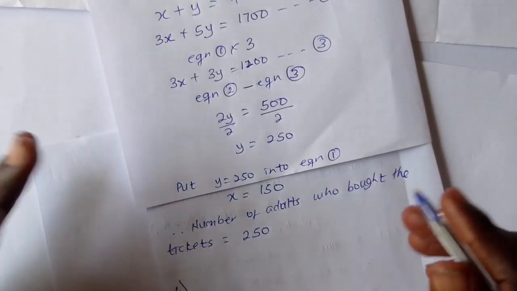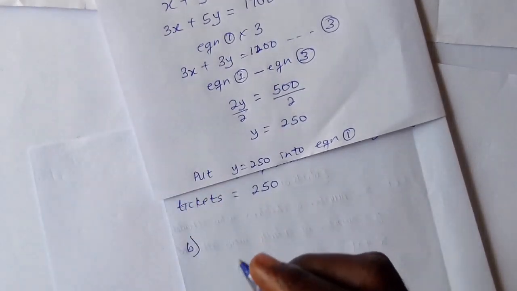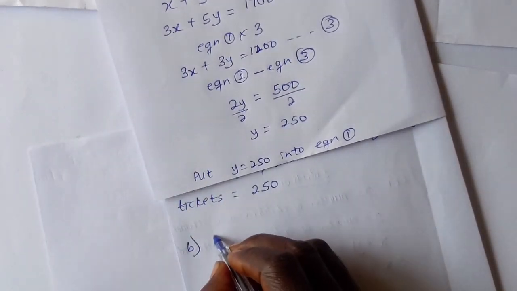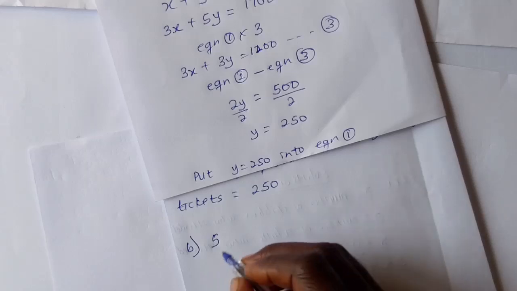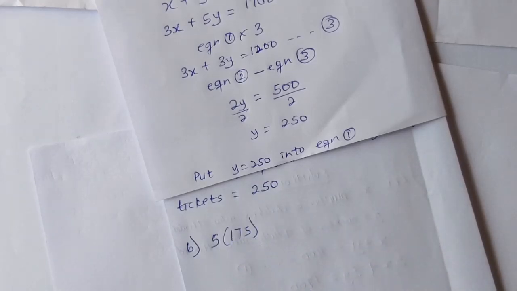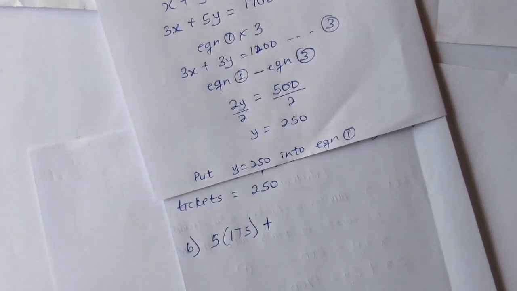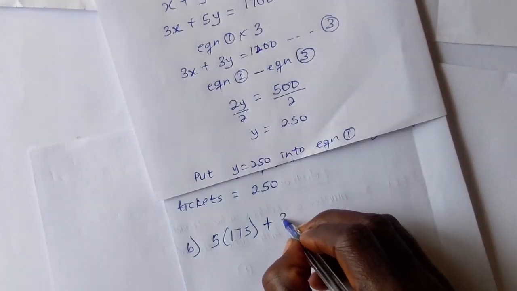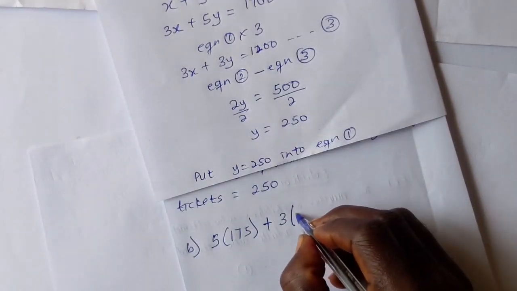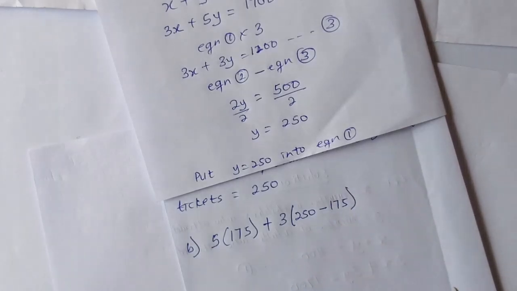Now from here, you can simply put this together. For adults, it is 5 cedis per ticket, and 175 were sold to adults. In total, Mr. Sonko sold 250, and 175 has been sold to adults. We can say that the remaining is for children, so 250 minus 175.